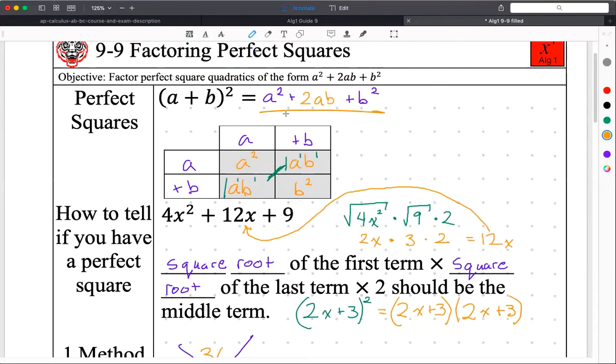If you verify that it is this form, all we're verifying with those steps is, do I get 2ab there? If you verify that, then to get from this right side to the left side of the equal sign, I have to get a. To get a, I take the square root of the first term. I have to get b, which means I take the square root of the last term. Then I just plug it in and make it look like this form of a plus b quantity squared. Oh, I see. That was a great question.